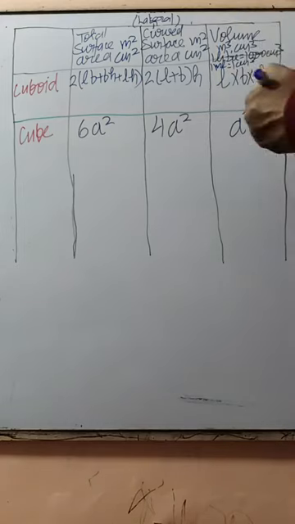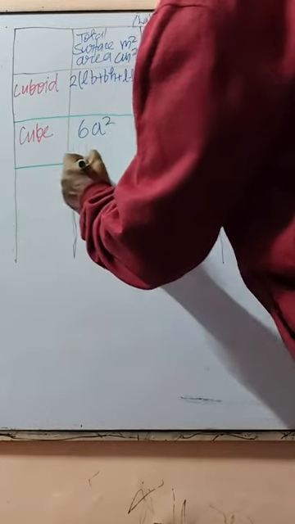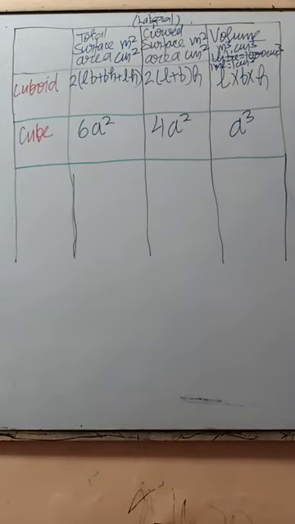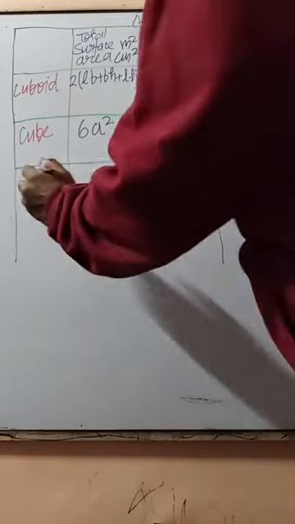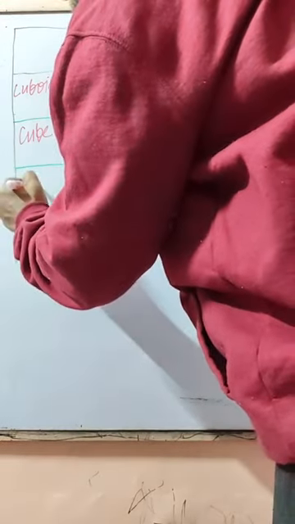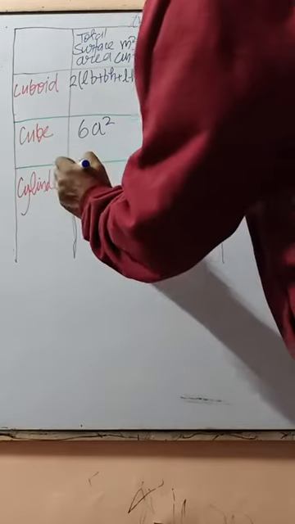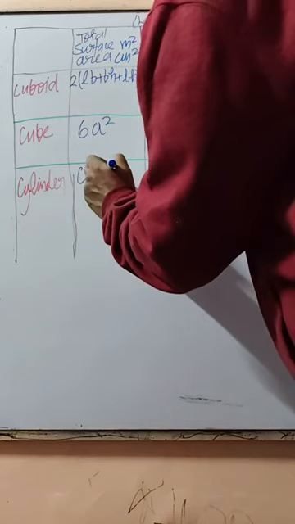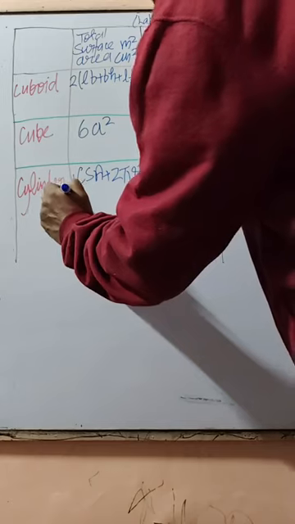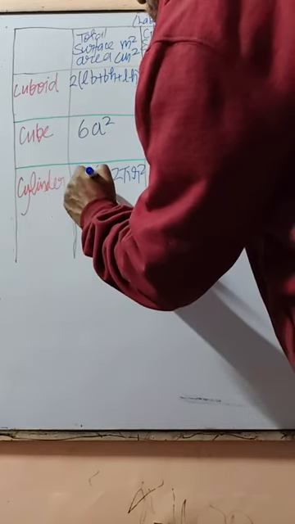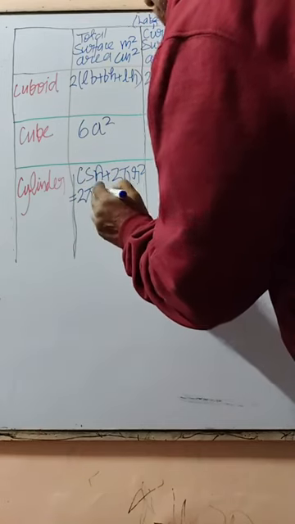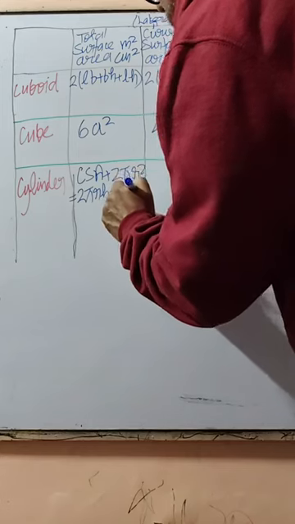Now after cube we have cylinder. Cylinder total surface area is CSA plus 2 pi r square, so it becomes 2 pi RH plus 2 pi r square.